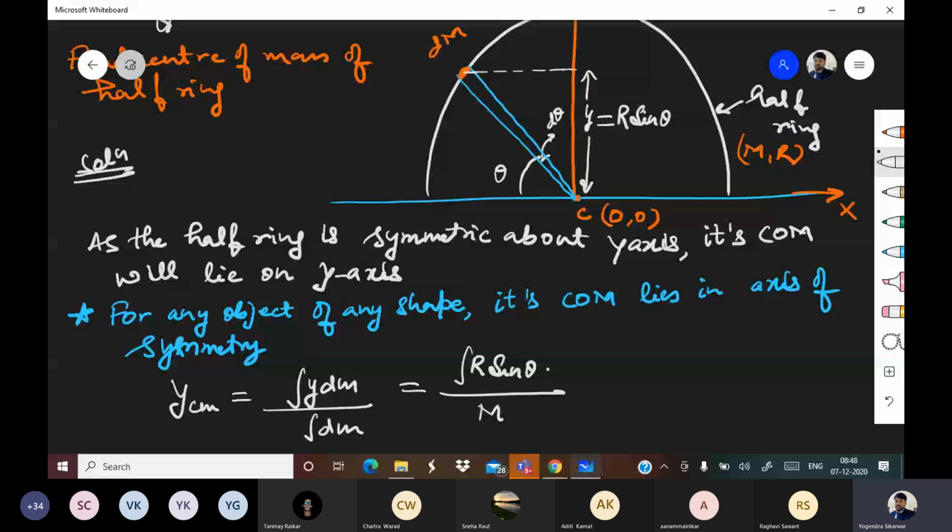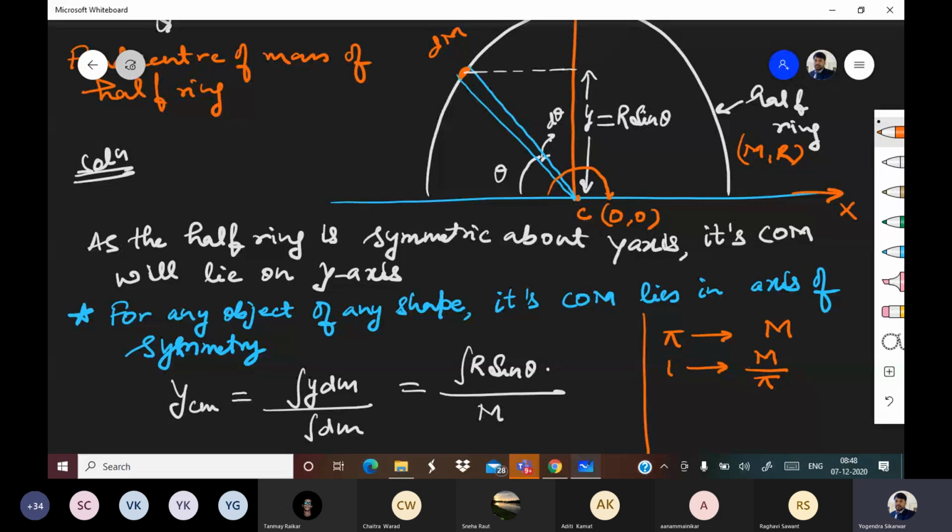Now the only thing we need to put is how much is dm, and then we need to integrate. So pay attention everyone. If we are taking all the elements, they will be in the total angle, and the total angle will be how much? Pi. So in pi angle, mass is capital M. So in unit angle, mass will be M upon pi.